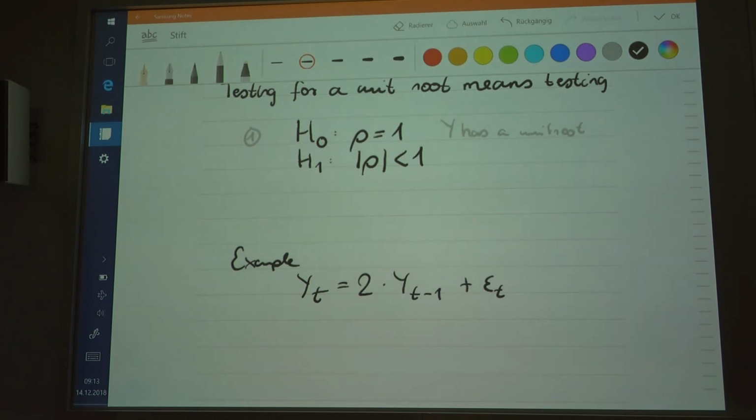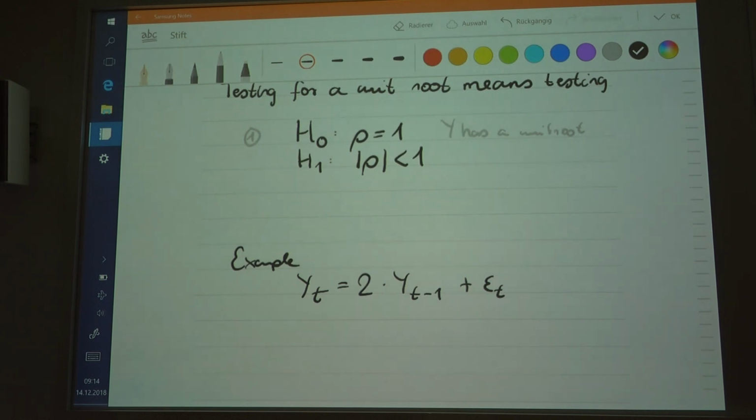If you look at the representations for the first order autoregressive processes, from chapter 3, you would get the following expression. Let me just illustrate this.